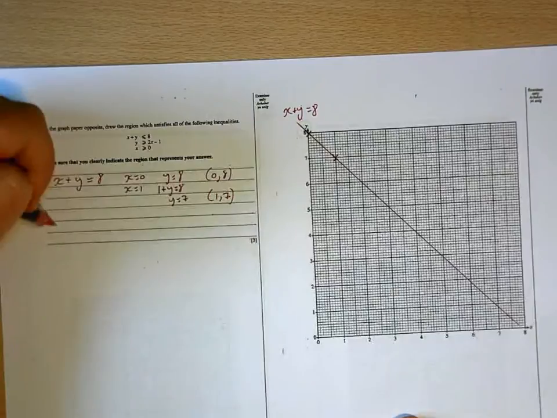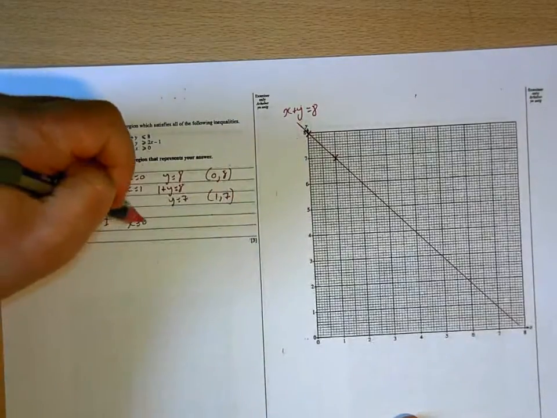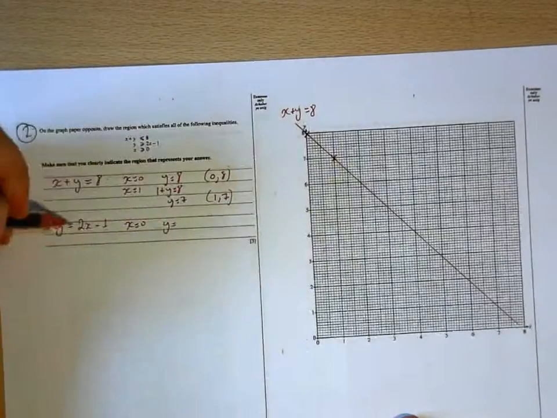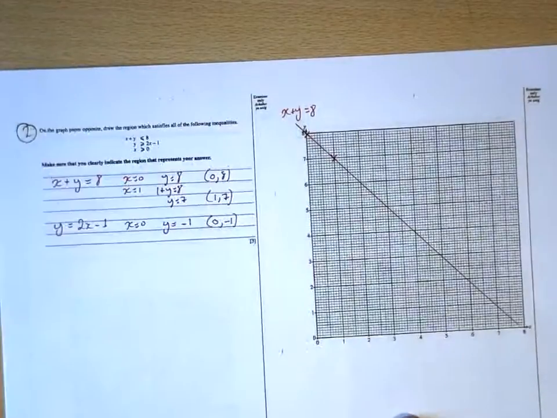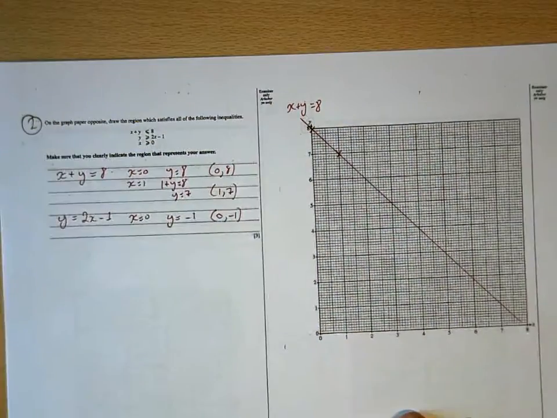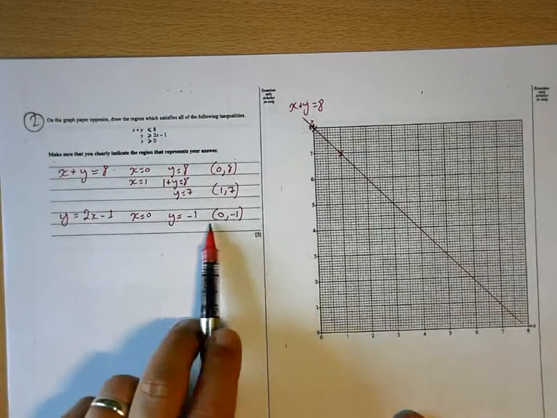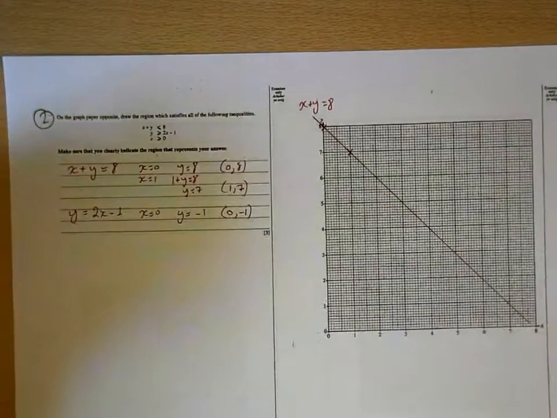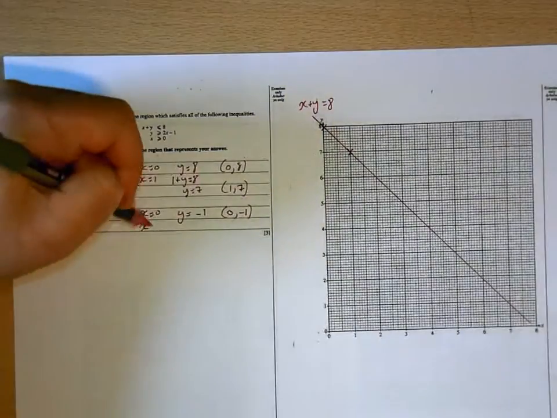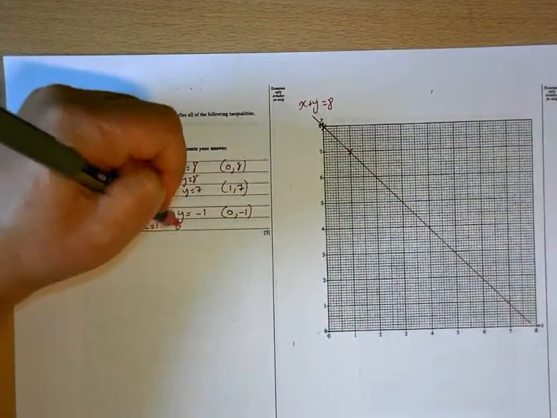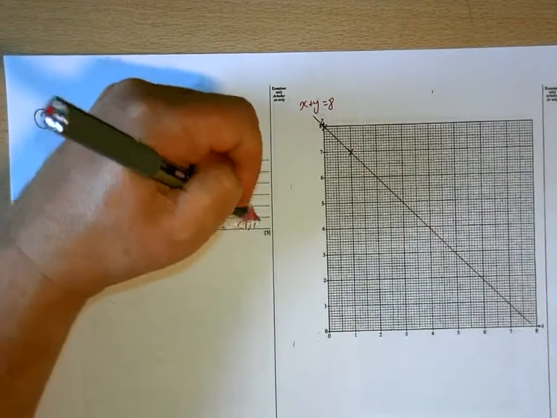Then I've got y equals 2x minus 1. Put x as 0 in there, and you have y is 2 times 0 is 0, leaving minus 1. Which isn't helpful on this graph because I don't have that axis. So if I put x as 1, then I have y is 2 times 1 take away 1, which is 1. So that gives me 1 point.